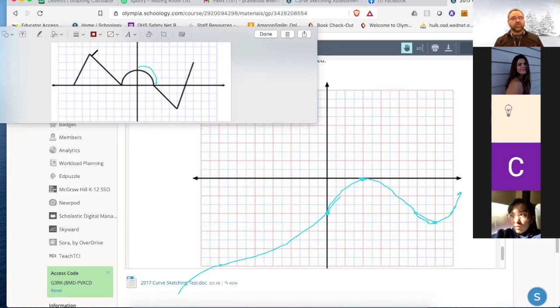Oh, whoops. Wait a minute. I'm sorry, I missed the inflection point at x equals -2. There was an inflection point here because it was increasing and concave up, but it had been increasing and concave down prior to that.